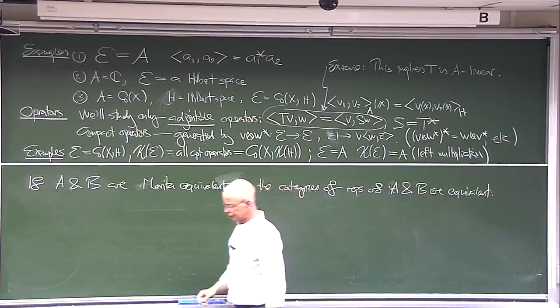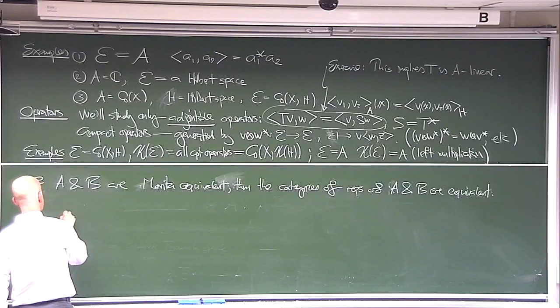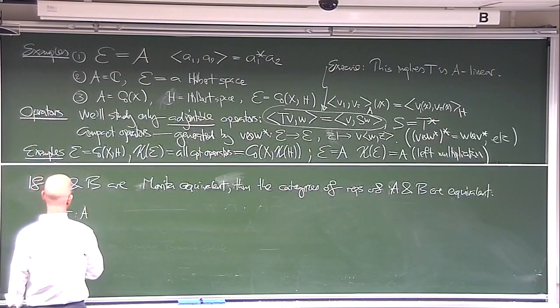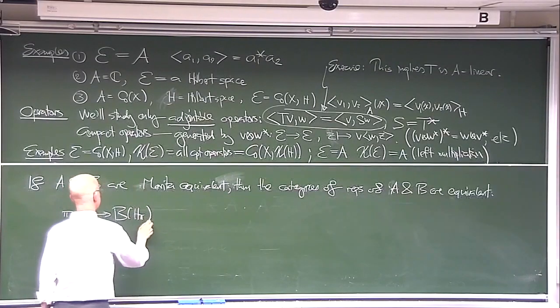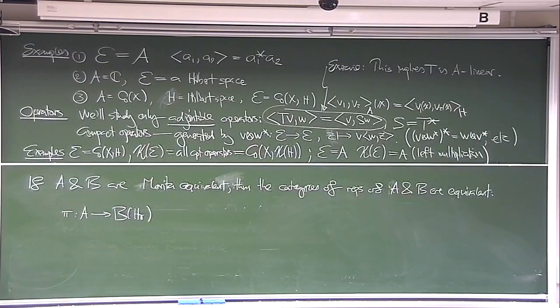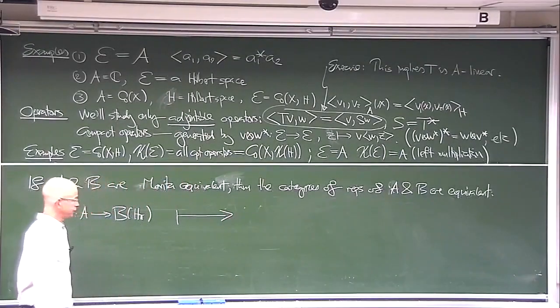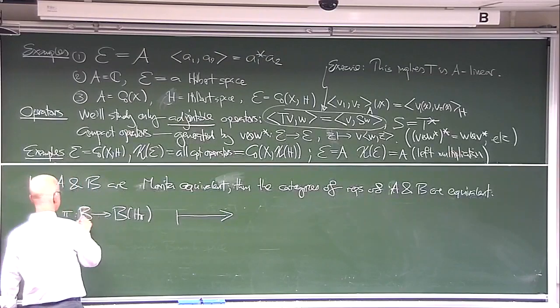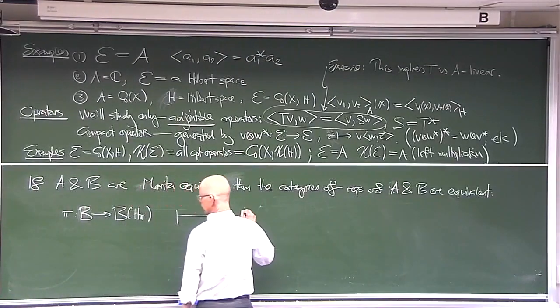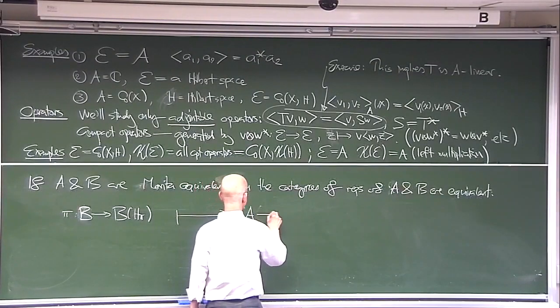Because you can use this tensor product idea, which is given right here. If I have a representation, let's say, of A with bounded operators on some Hilbert space, phi, like this, I can build a representation of B. Maybe I should have started out with B. A representation of A now, I can build out of it.